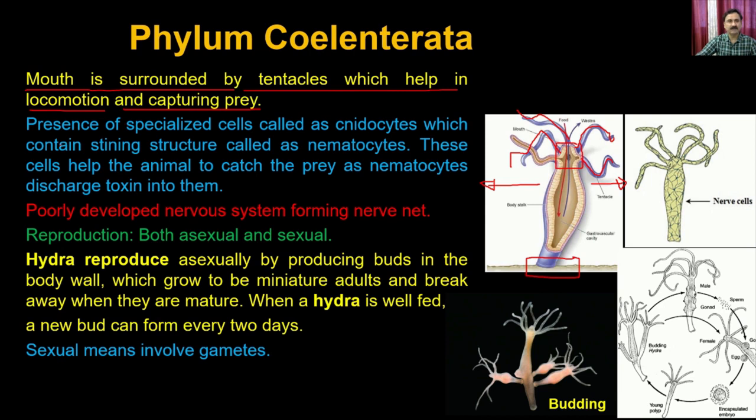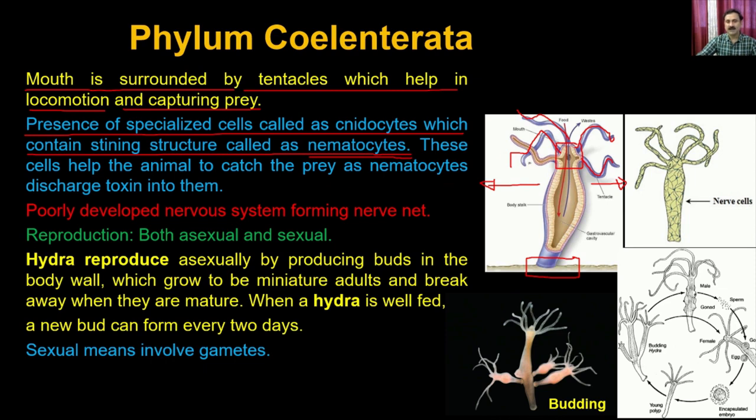these tentacles. The tentacles have specialized cells called cnidocytes, which contain the stinging structure called nematocysts. So the tentacles are made up of cells called cnidocytes, and on these cnidocytes you also have the stinging structures called nematocysts, and these nematocysts are very potent.